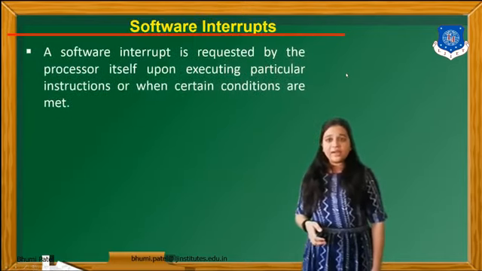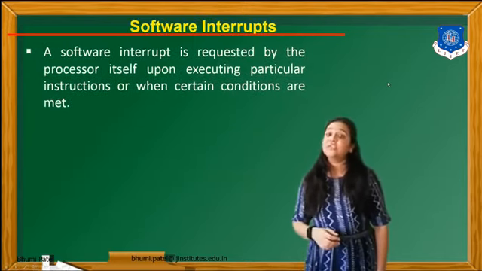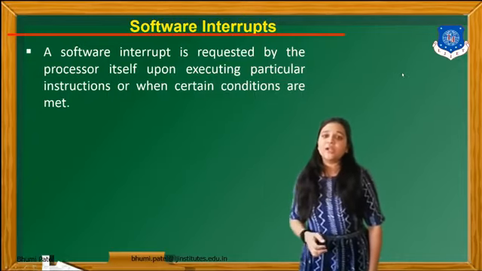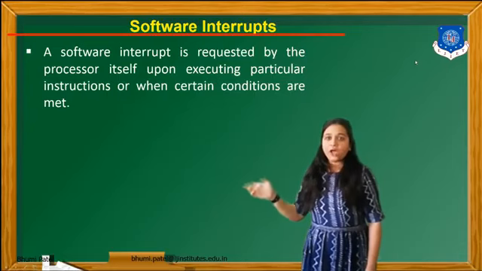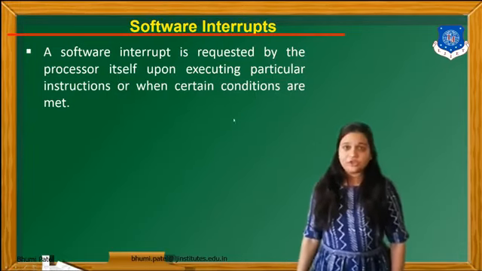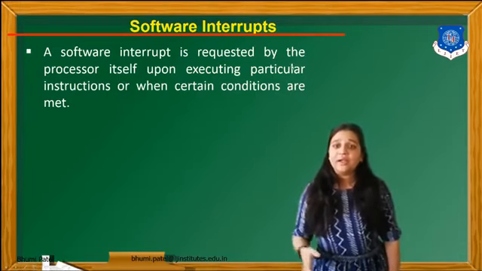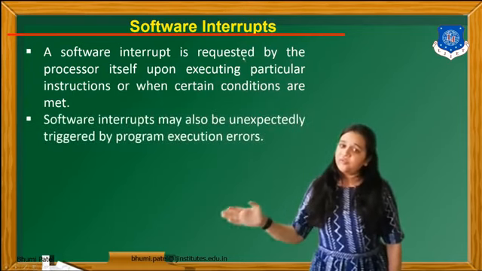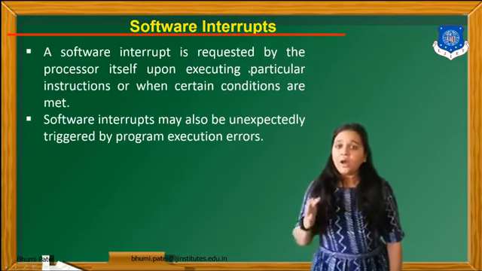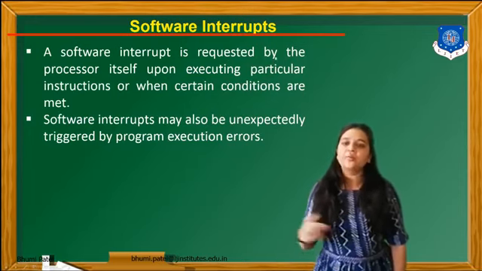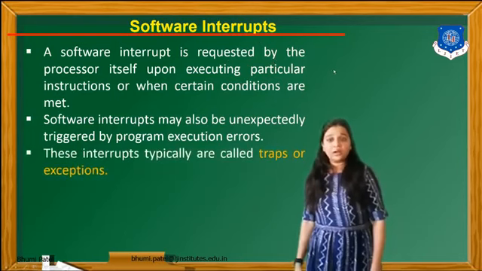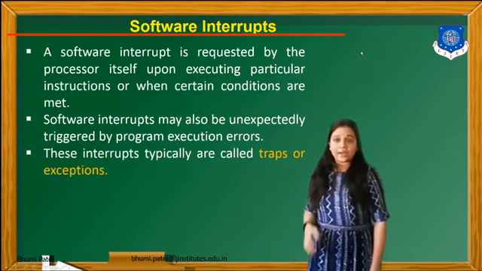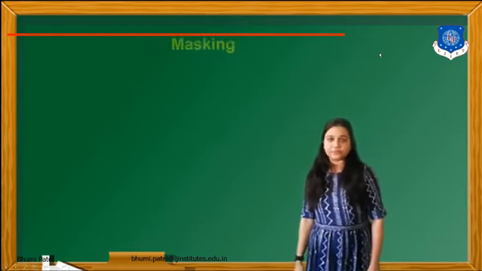Now the software interrupt is requested by the processor itself upon the execution of a particular instruction or when certain conditions are met. So a software interrupt is related to the processor and the execution of the instruction. The software interrupt may also be unexpectedly triggered by program execution. This type of interrupt is typically called a trap or an exception.